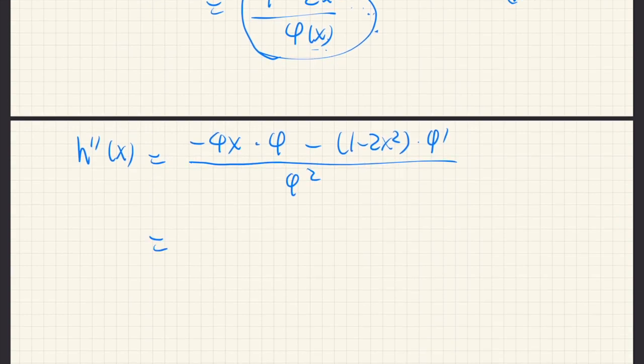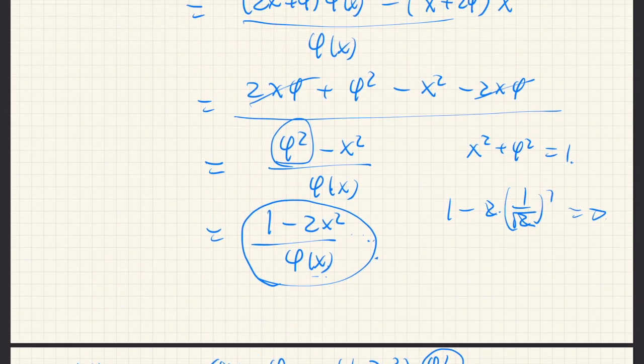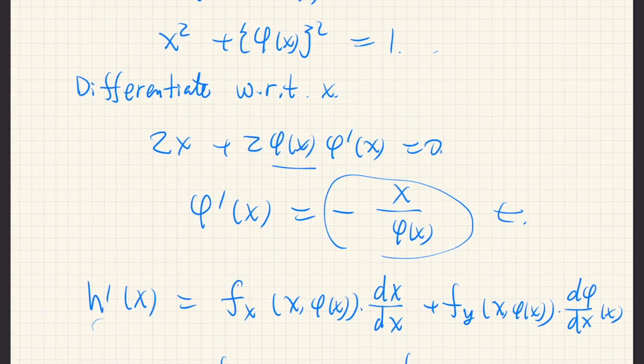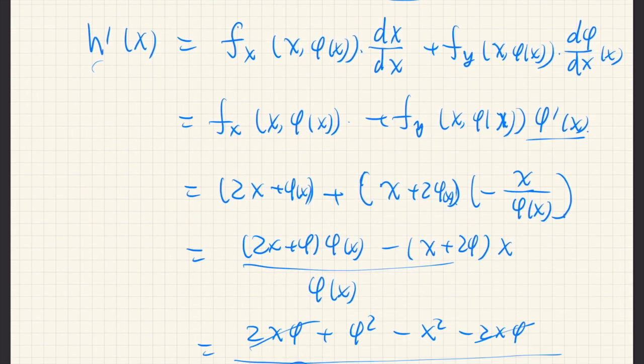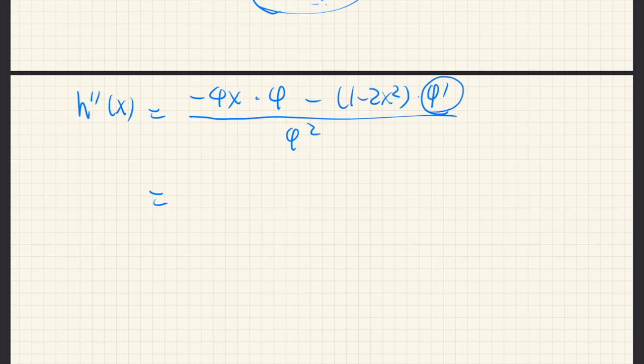Now, we again get rid of this phi prime using the relationship we have obtained here, this one. So that's 4x phi minus 1 over 2x squared, minus x over phi.